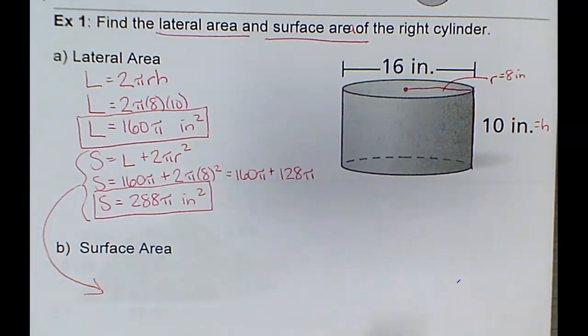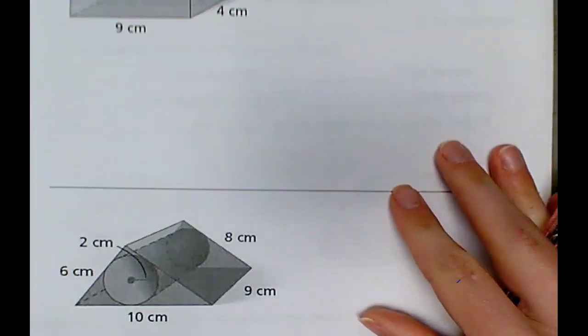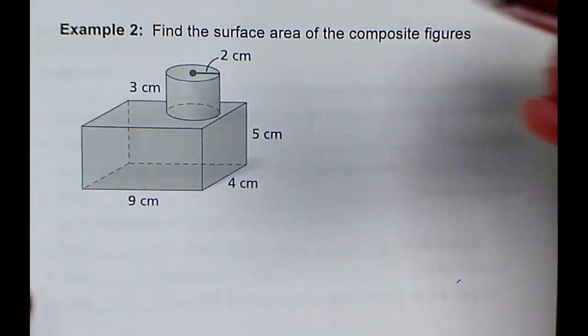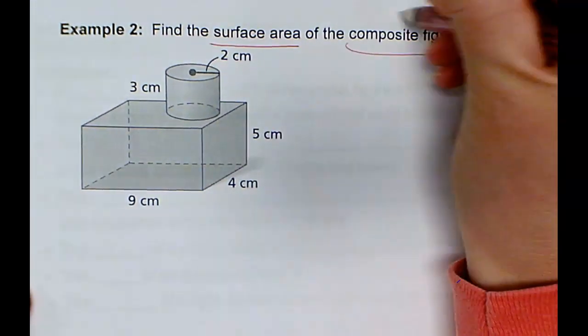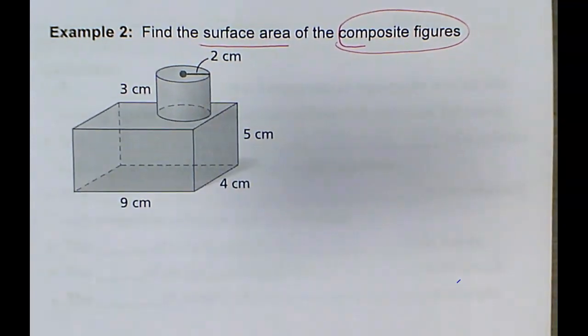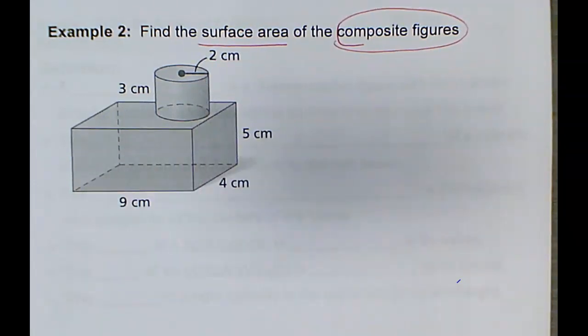All right, so let's move on to our last page of the notes. Our last page of the notes is a little odd. It asks for the surface area of the composite figure. So I'm not being asked for the surface area and the lateral area. I need the total surface area of this figure. Now, this figure is made up of multiple three-dimensional figures.